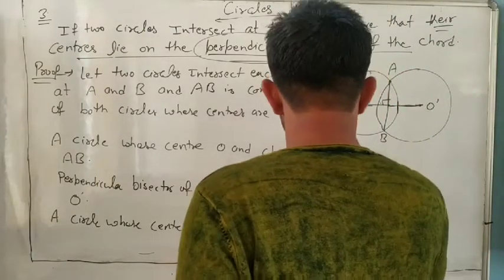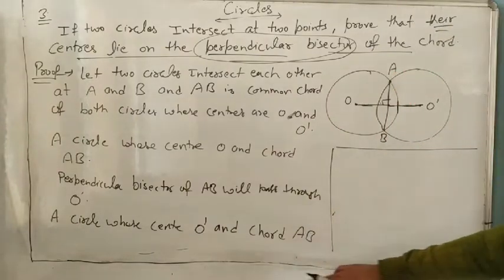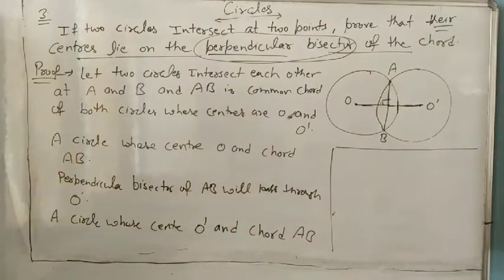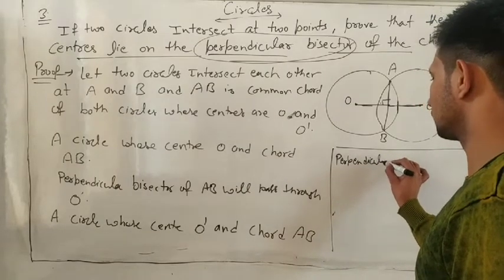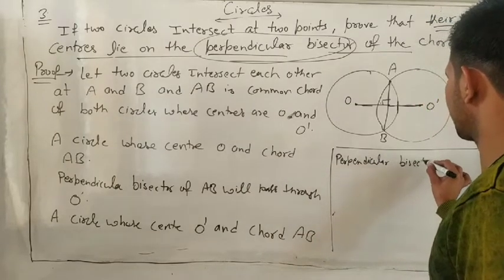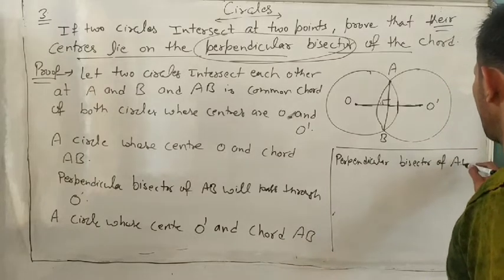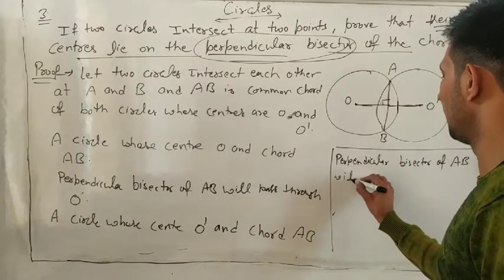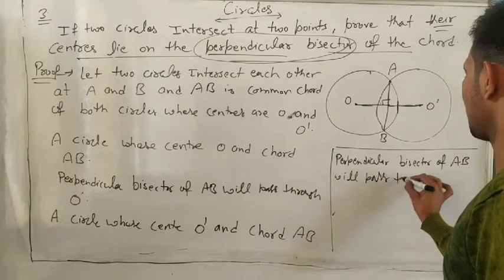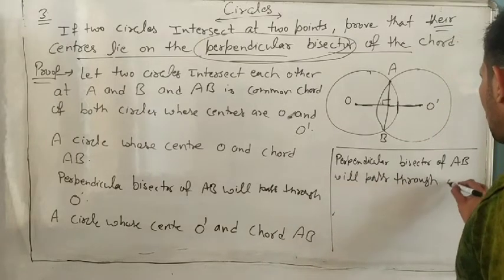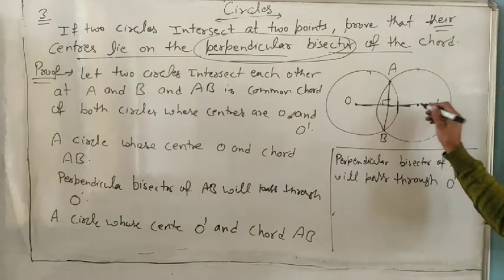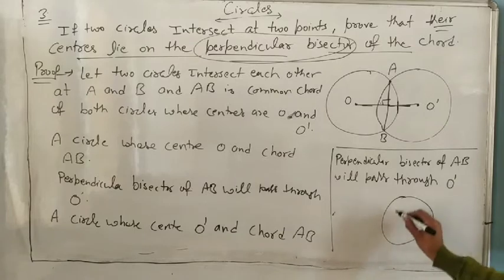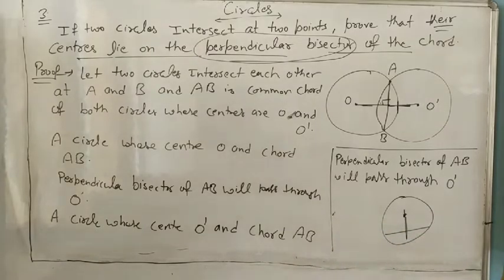So you can write: the perpendicular bisector of AB will pass through O dash, because we know that in any circle the perpendicular bisector of a chord always passes through the center. This theorem we already proved.